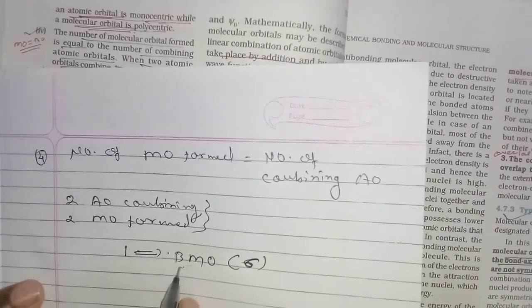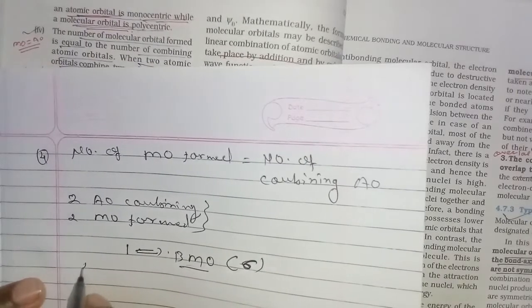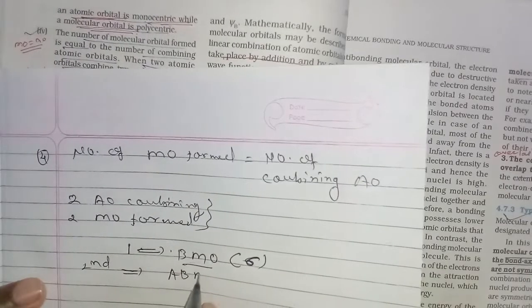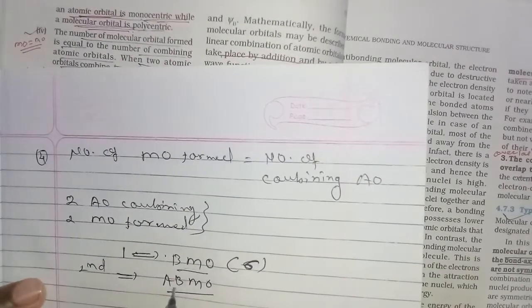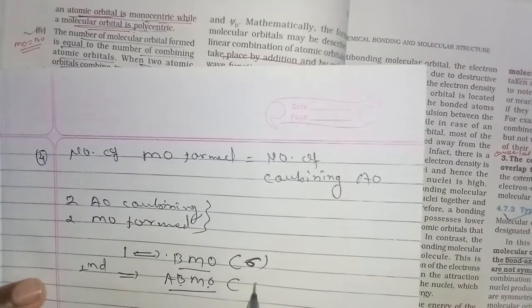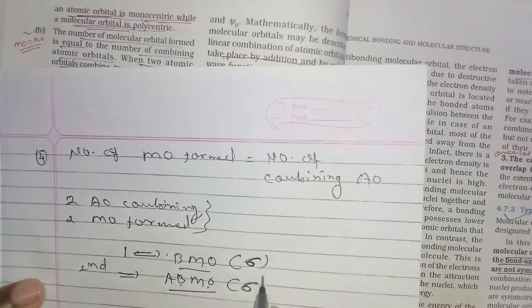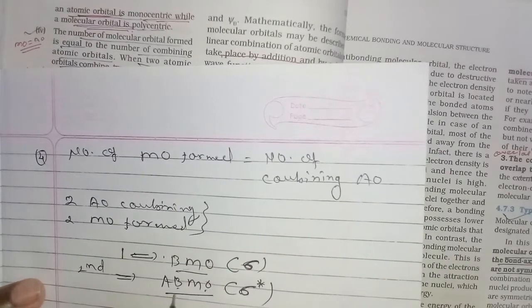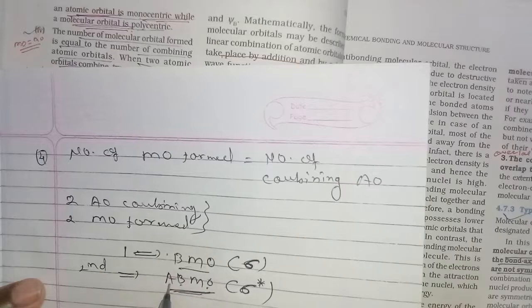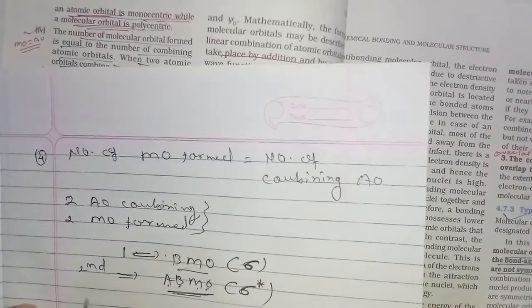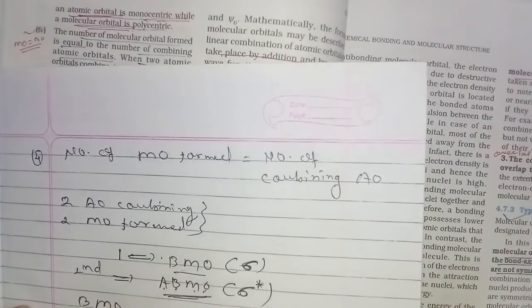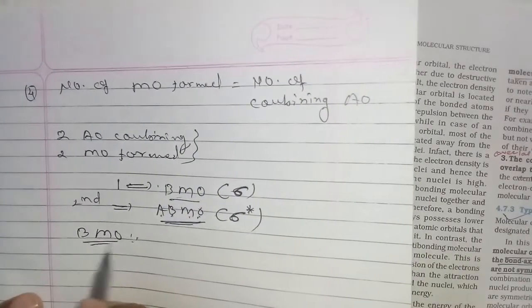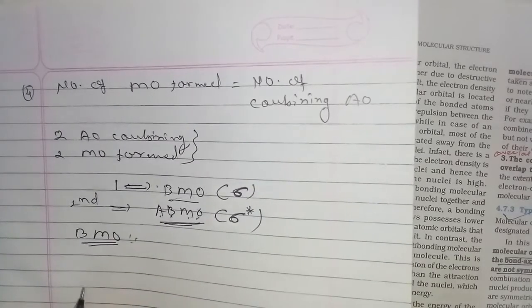The second is the ABMO, the anti-bonding molecular orbital, represented by sigma with an asterisk sign. Now, what are BMO and ABMO?